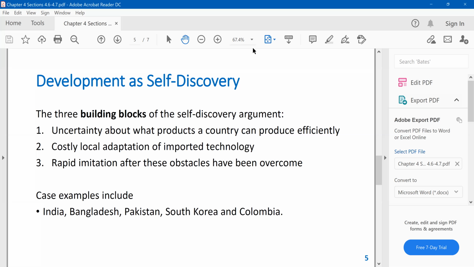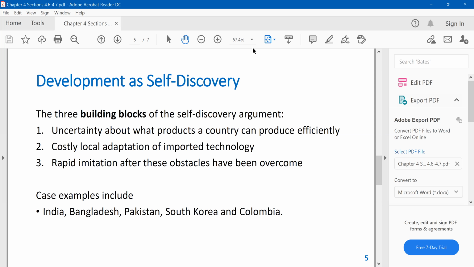So the argument is, if we extend it a little bit, the argument is like this. So first, there are uncertainties. There's lack of information about the products that the country can produce efficiently and sell in export markets. Okay, first there's that lack of information.